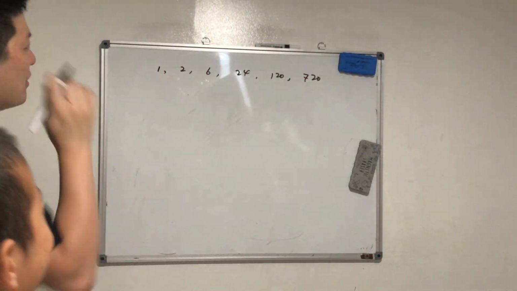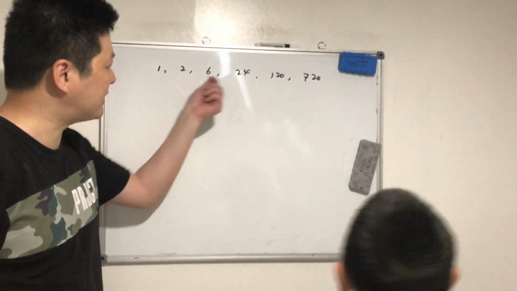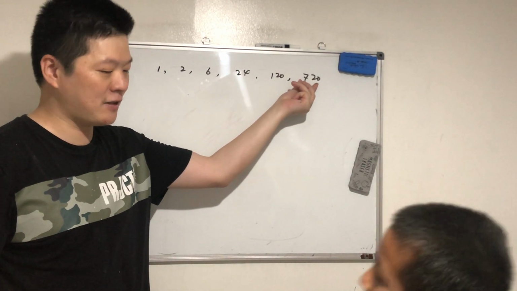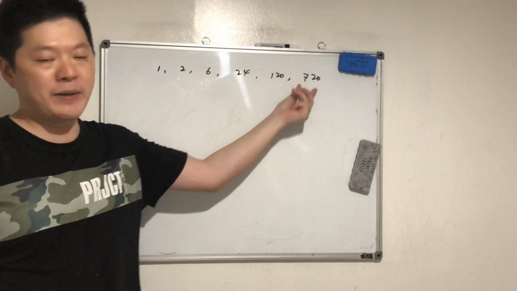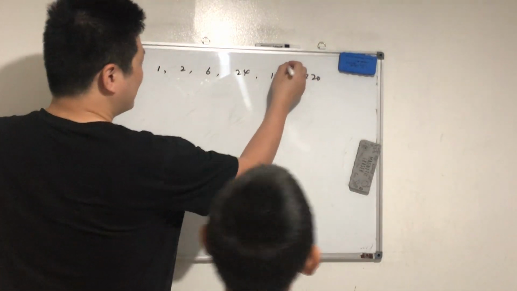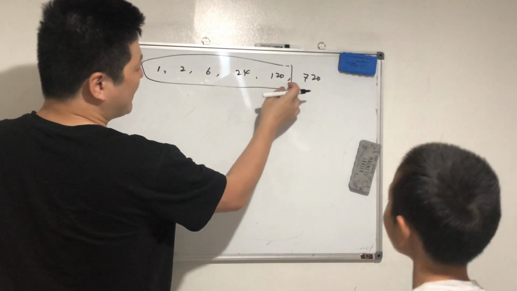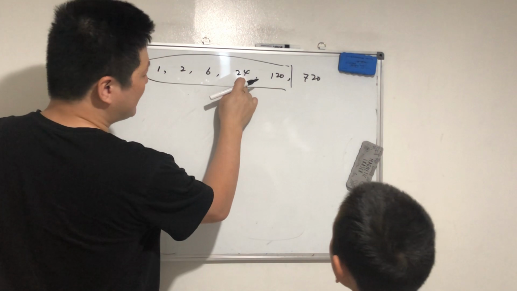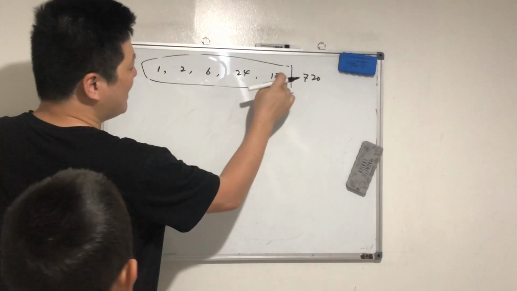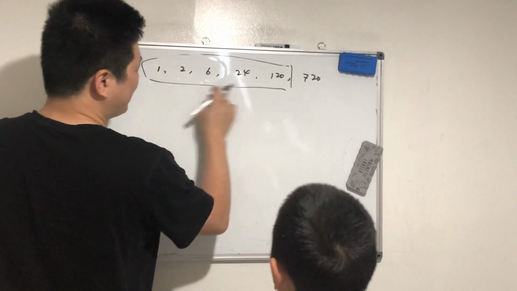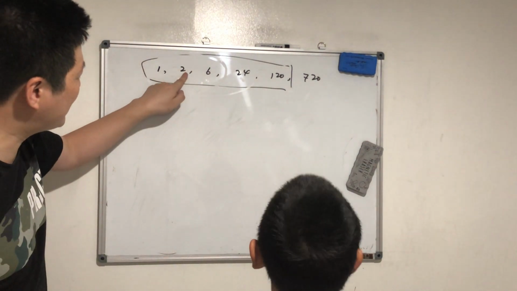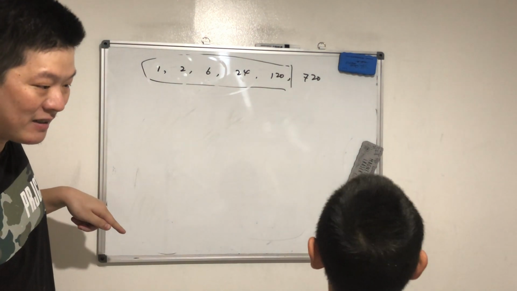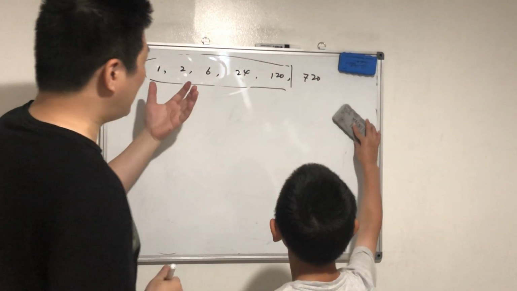Can you notice that each factorial, like 720, is always bigger than the sum of the previous factorials? 24 is bigger than 1 plus 2 plus 6. 120 is bigger than the previous sum. 2 is bigger than the previous sum. 6 is bigger than 1 plus 2, am I right? Why is that?